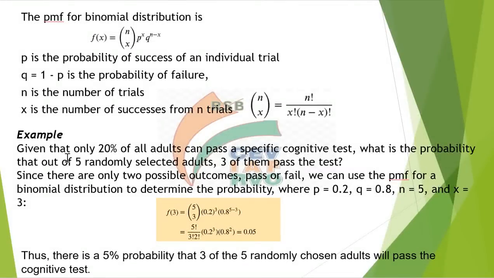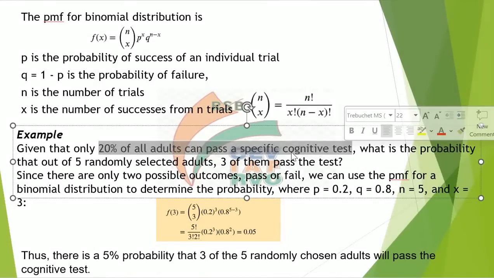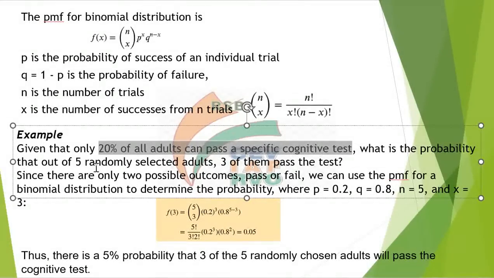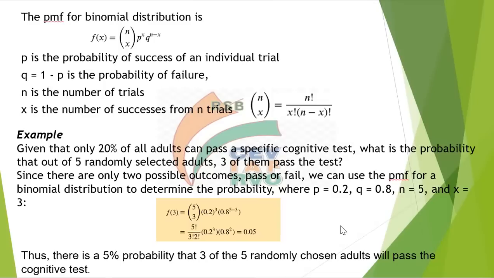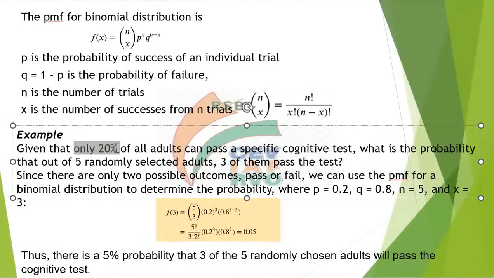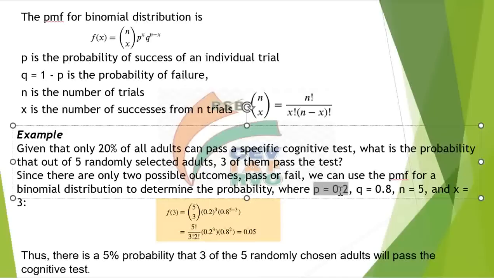Let us suppose, given that only 20% of all adults can pass a specific cognitive test, what is the probability that of five randomly selected adults, three of them pass this test? So here, 20% of persons can pass, so p is 0.2, the chance of passing.